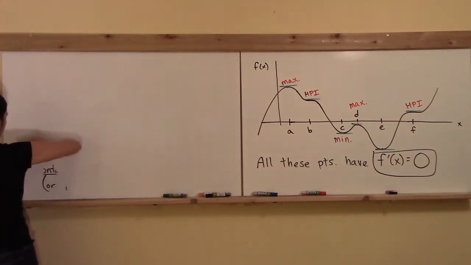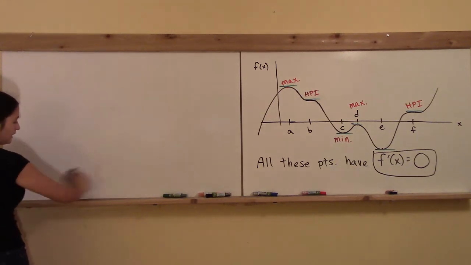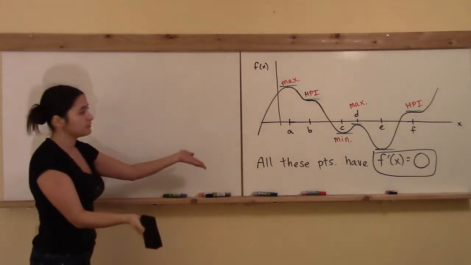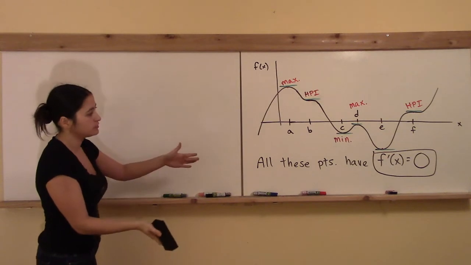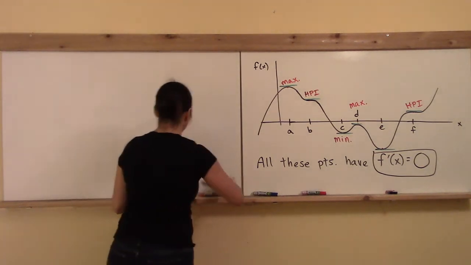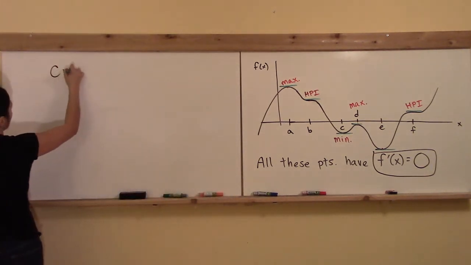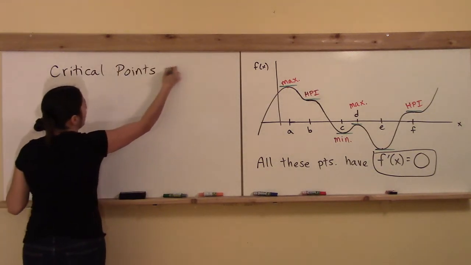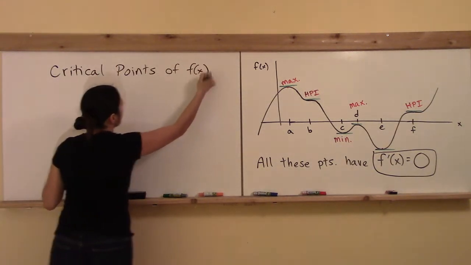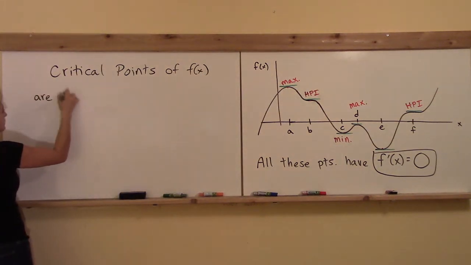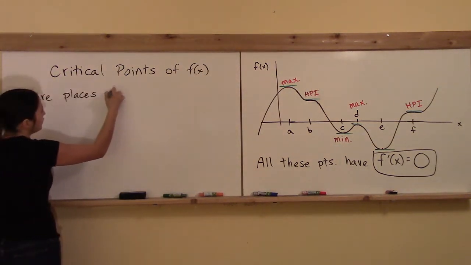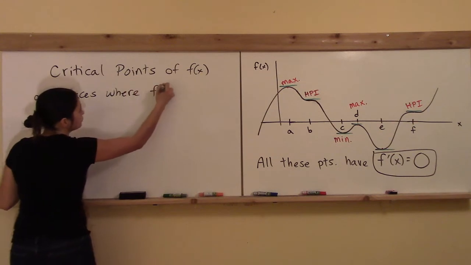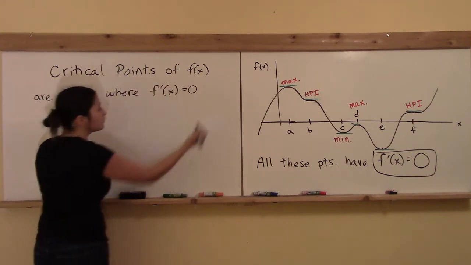And each time you find a critical point, it turns out a critical point is going to be one of three things: a relative max, a relative min, or an HPI, horizontal point of inflection. Okay? So critical points on the graph of f of x are places where, like we said, the derivative of f of x is equal to 0.